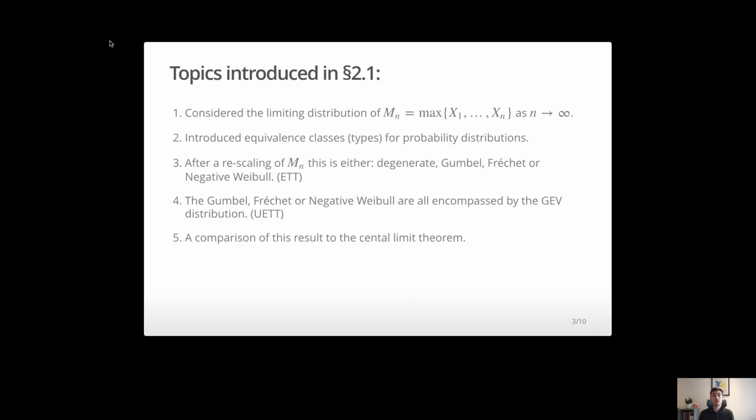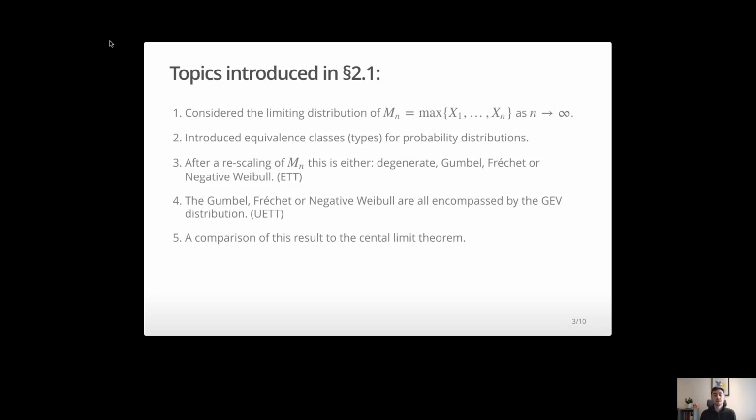While it's a useful result in terms of probability, in terms of statistical modeling it's not particularly useful because we have to work with three different probability distributions. The unified extremal types theorem gives us a way to work around this. It says that any of these non-degenerate limit distributions can be represented by a single parameterization, the GEV family of distributions.